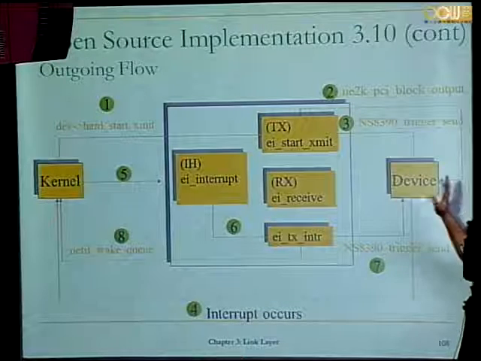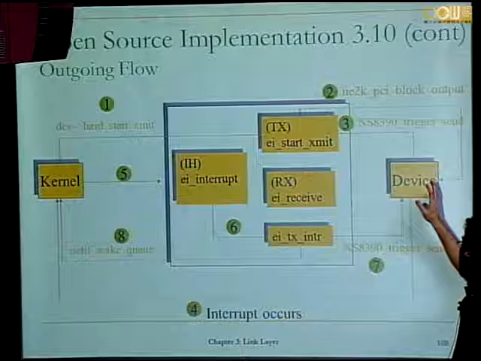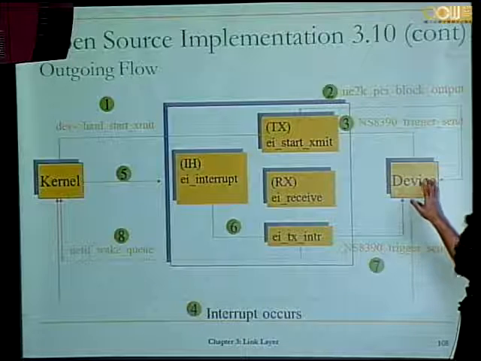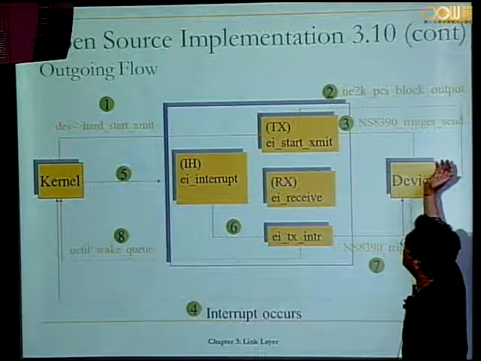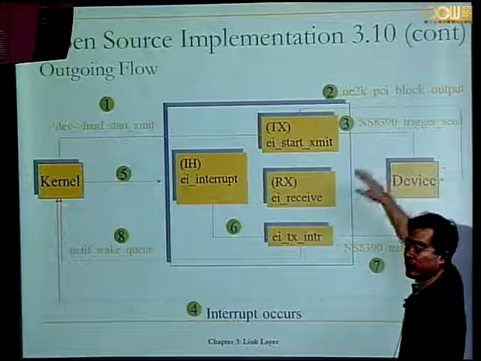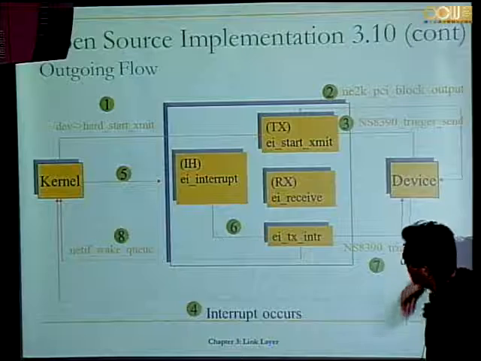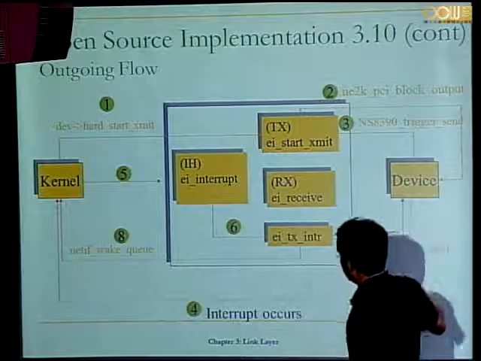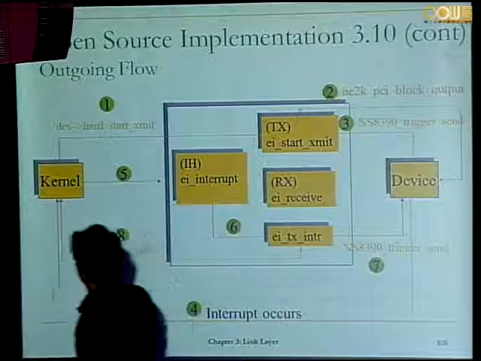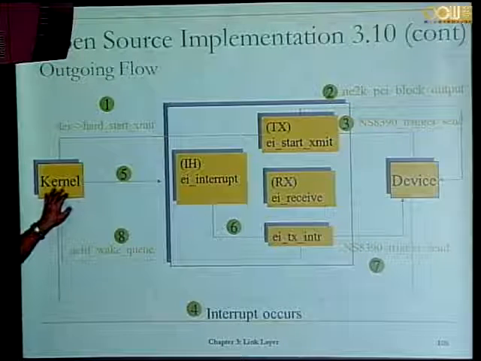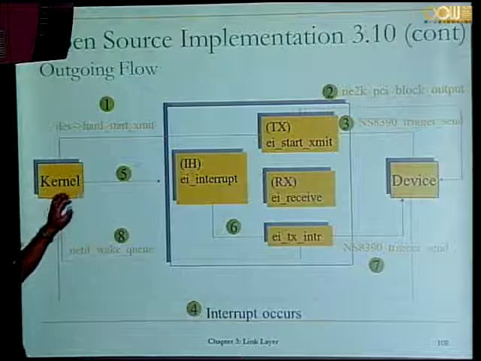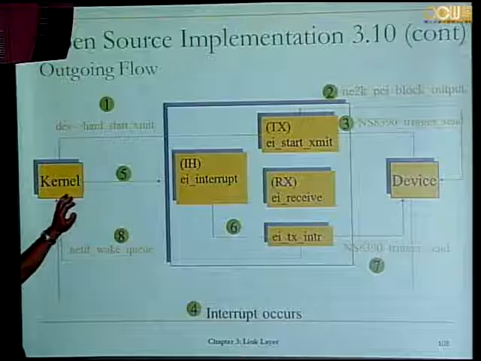You generate the interrupt after you finish transmitting the frame. So what happens is you do DMA and then transmission, and then generate the interrupt. The interrupt is generated here, and then control will pass to the interrupt handler.